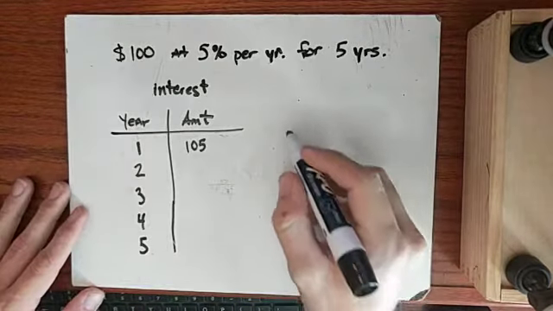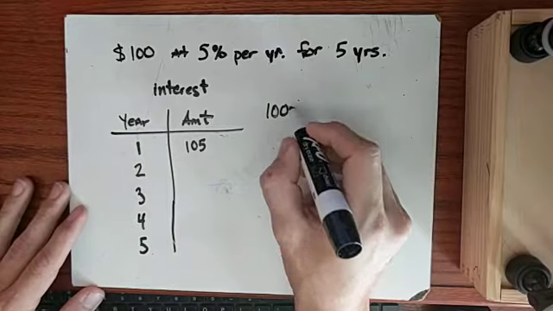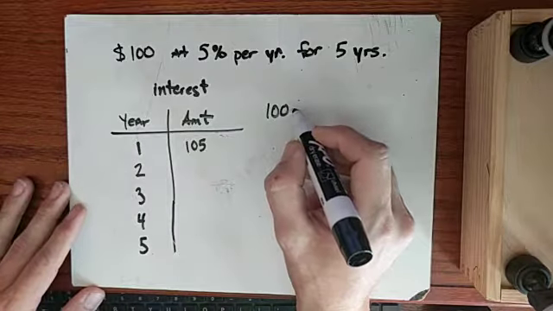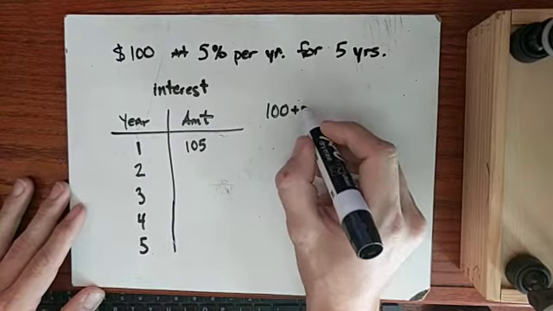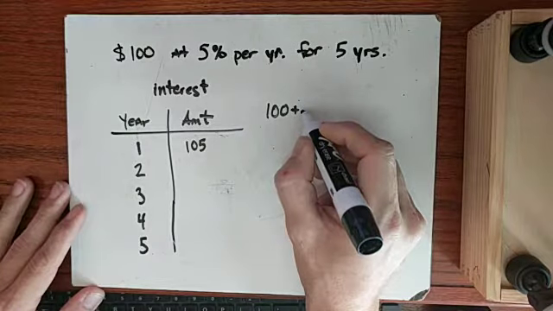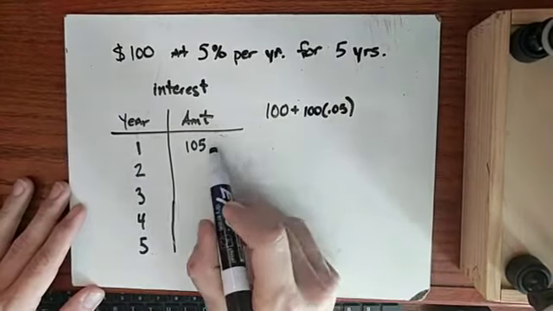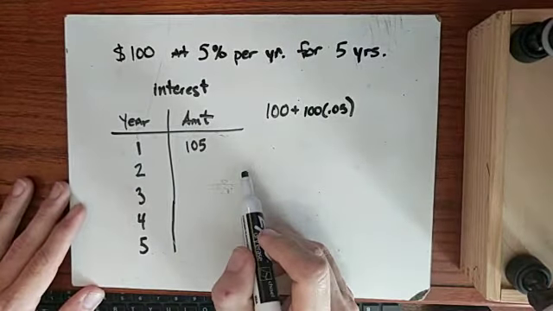So what we're going to do is take $100 and add 5%, which gives $105. That's how much there is at the end of year 1, right?